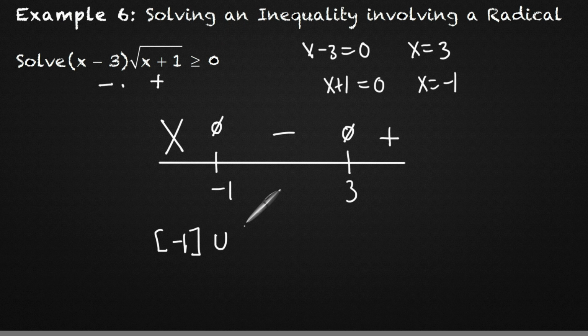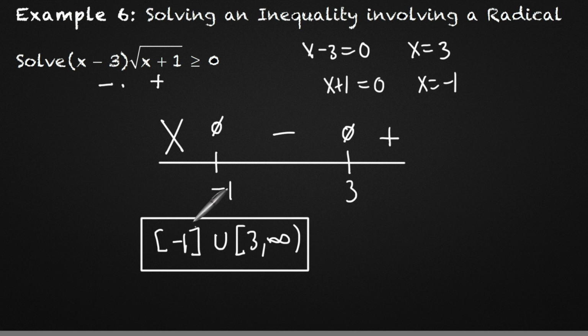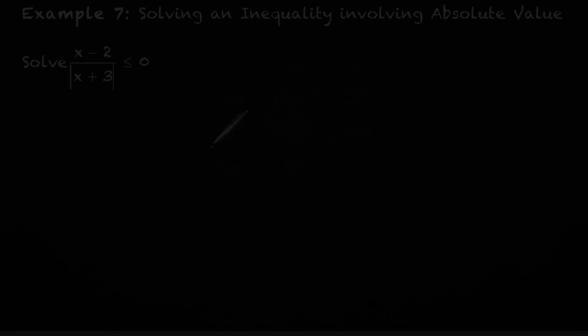That's going to be here. So at 3, it's 0, so I need to put a bracket. And then everything after 3, it's positive, so I need to put parentheses. And so that is how you'll write your answer. So sometimes you'll have an answer that's standalone all by itself. You just have to pay attention to that.